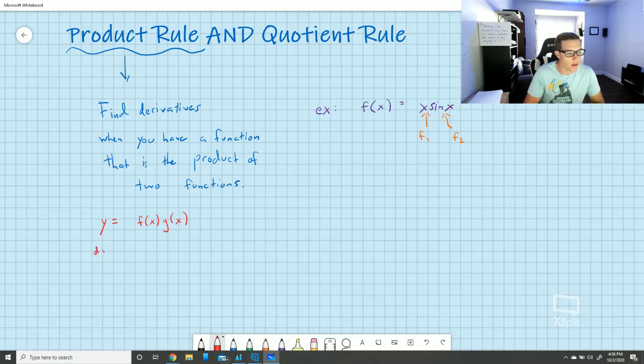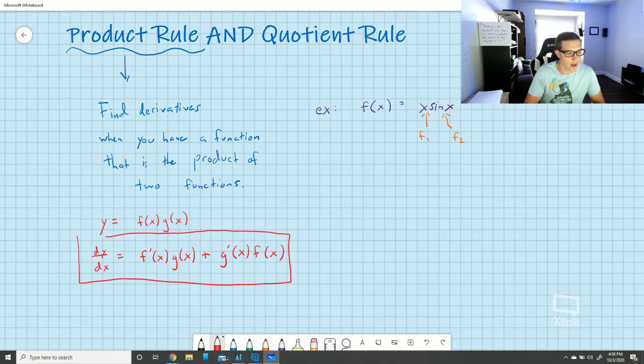The derivative of this is equal to the derivative of the first function times the original second plus the derivative of the second function times the original first. That's the product rule. We will go through lots of examples on how this works. Got to memorize it. Derivative of the first times the second plus derivative of the second times the first.